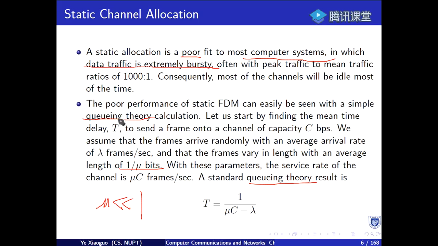Depending on this queueing theory, a standard queueing theory result can be obtained by this equation. The mean delay T equals 1/(mu C minus lambda).